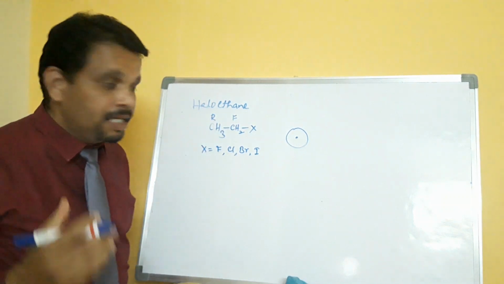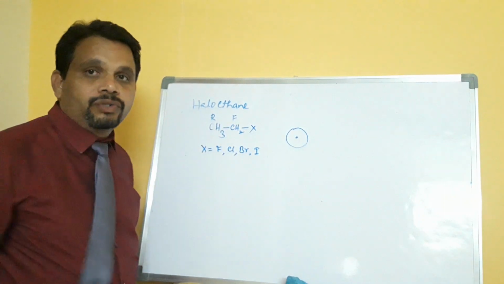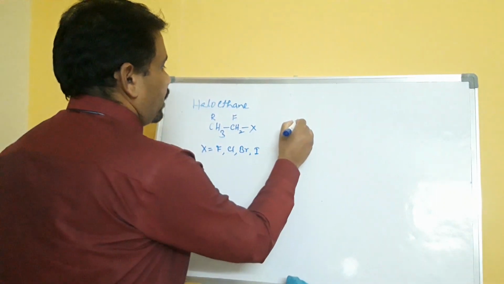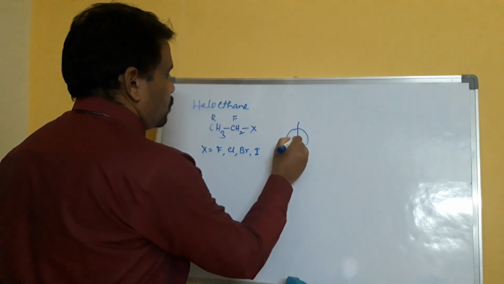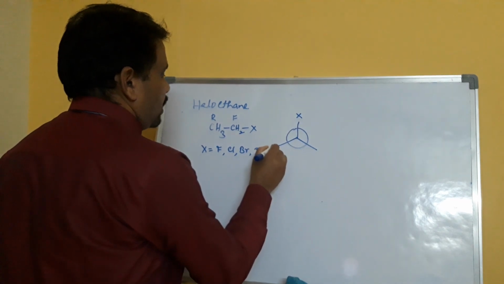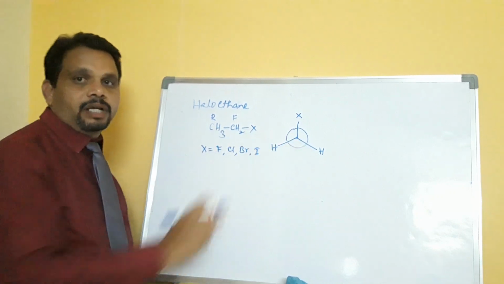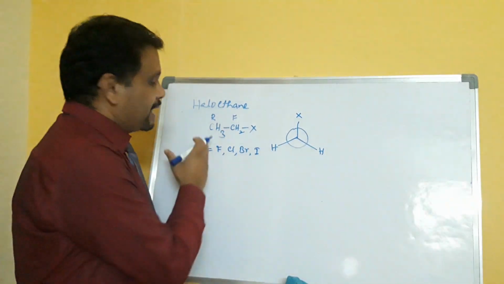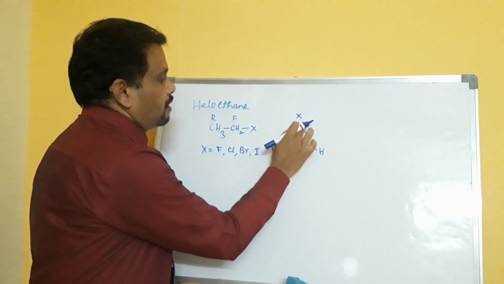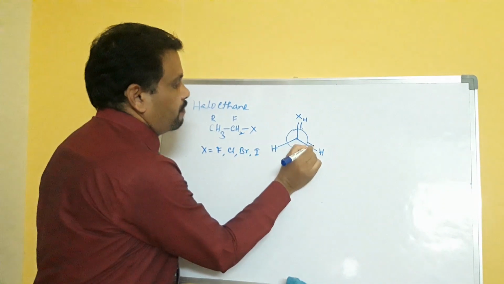In the front carbon you have a halogen and 2 hydrogens, and in the rear carbon you have 3 hydrogens. You separate them by 120 degrees: X, hydrogen, hydrogen on the front carbon, and 3 hydrogens on the back carbon.